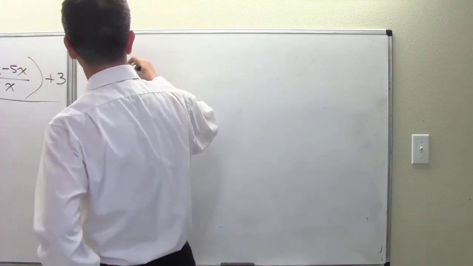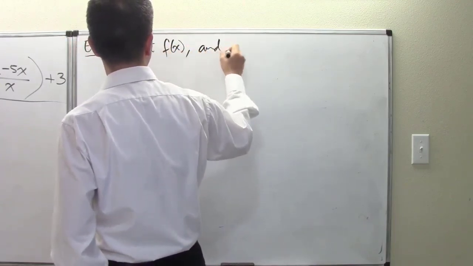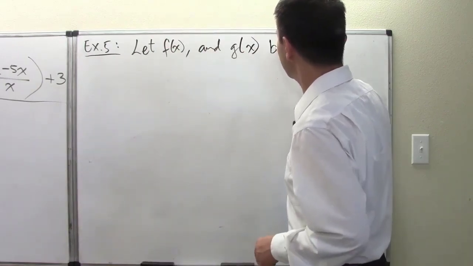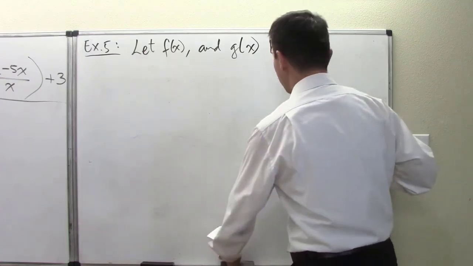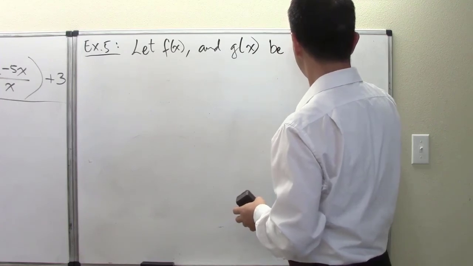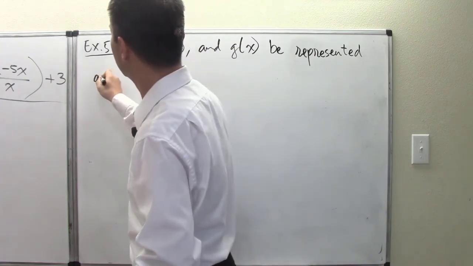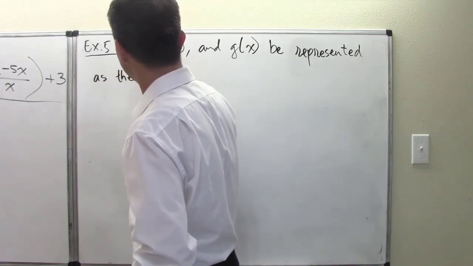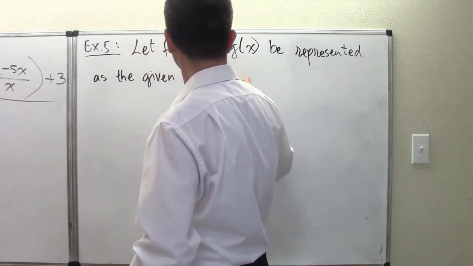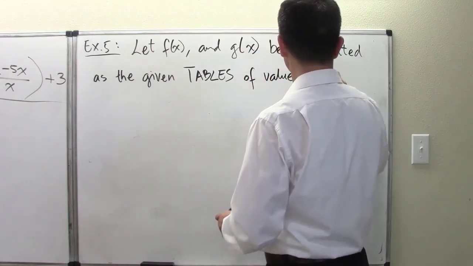All right, and now I'm going to let f of x and g of x, very similar to the earlier example, be represented as the given tables of values below.